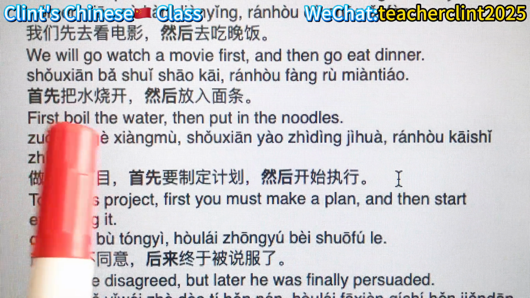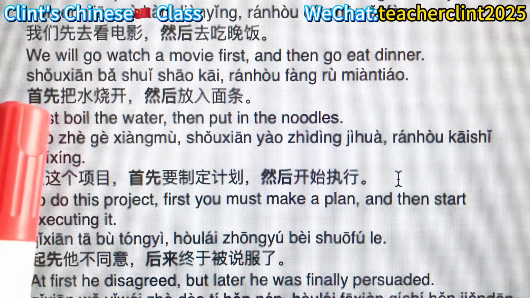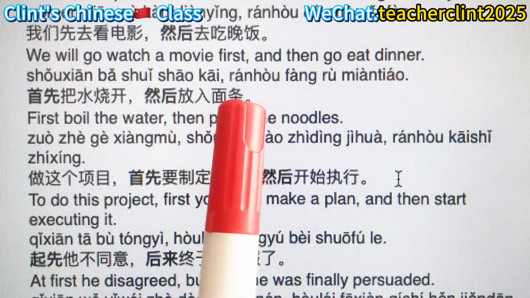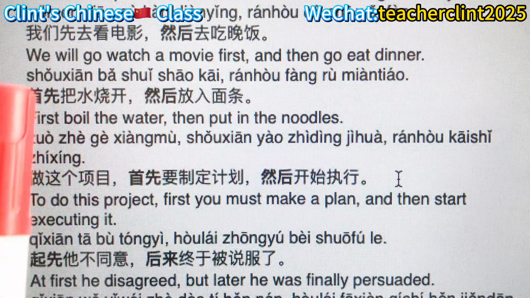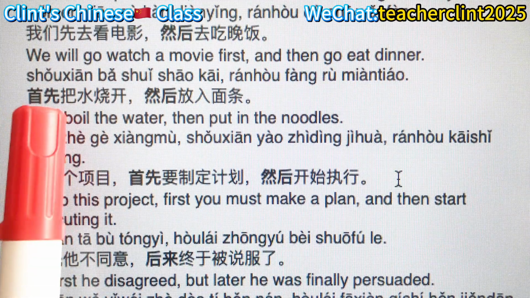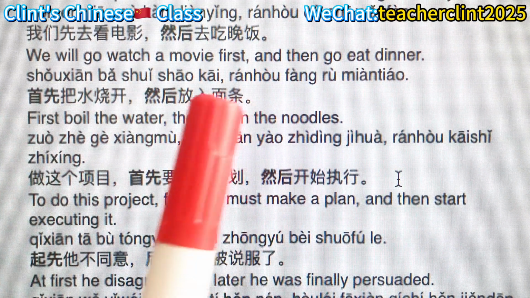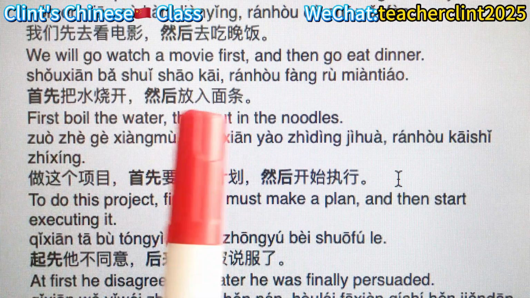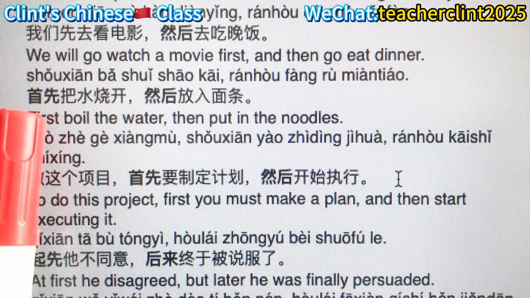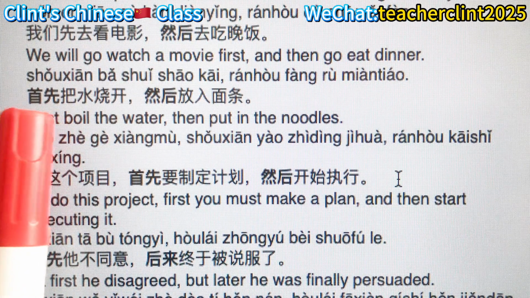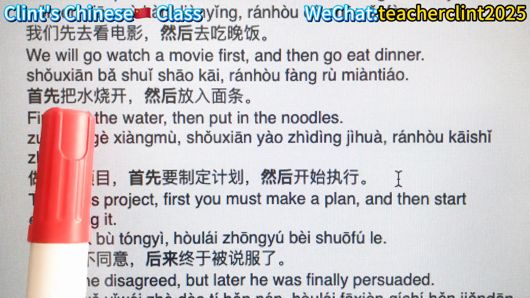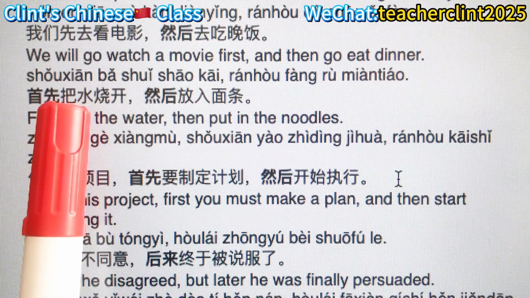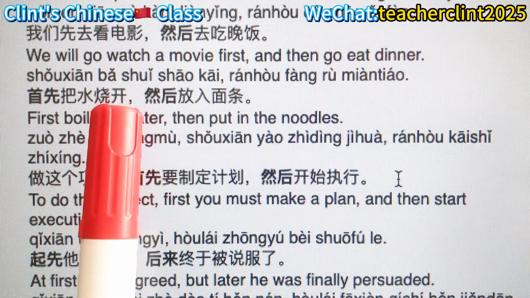Now next one, first boil the water, then put in the noodles. 首先把水烧开，然后放入面条。This is more like an introduction or tutorial, like showing you how to do something step by step. It can also be an imperative sentence, right? Ask somebody to do these two things step by step, right? 首先 first 把水烧开 we use the 把 structure, right? 把 means like take something and do something to it.